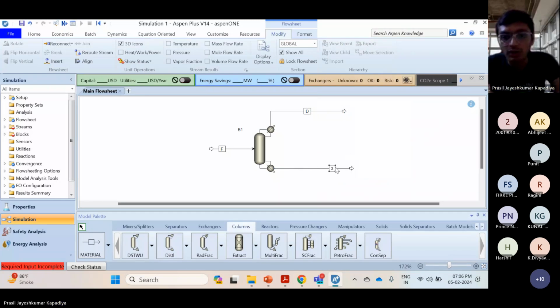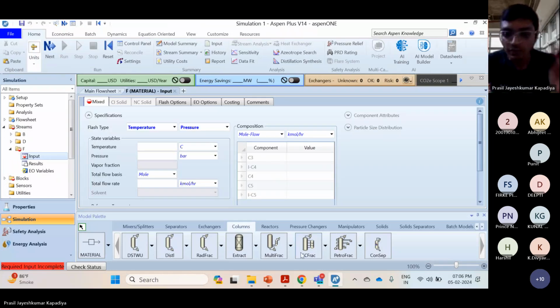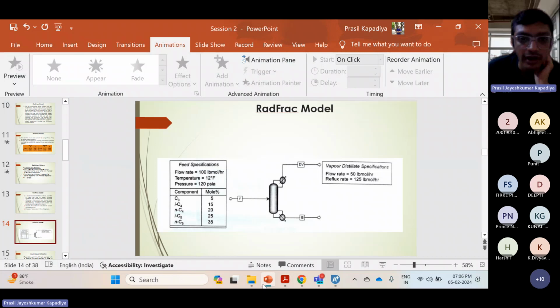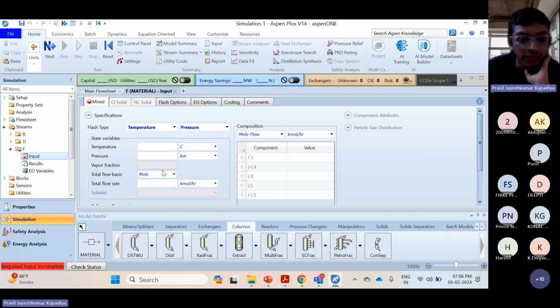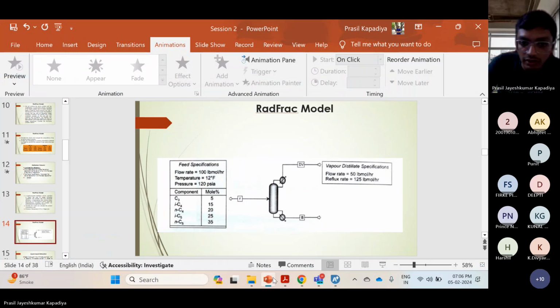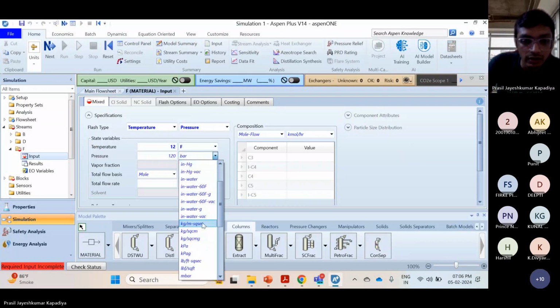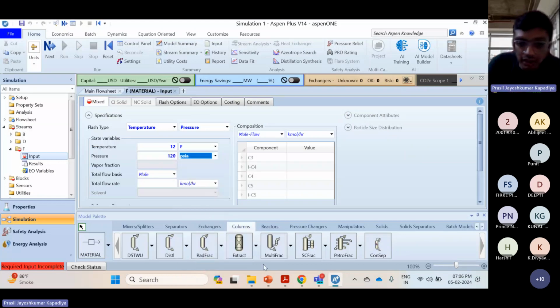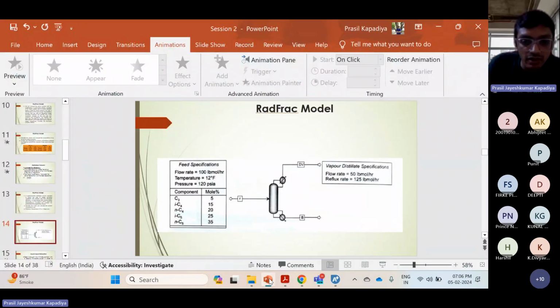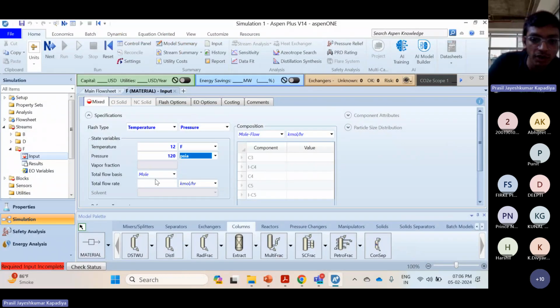Line blocks. Bottom. Okay. Let's enter feed conditions. Temperature is 12 Fahrenheit, 120 psi. I guess it's 120 psia. And the flow is 100 pound moles per hour.